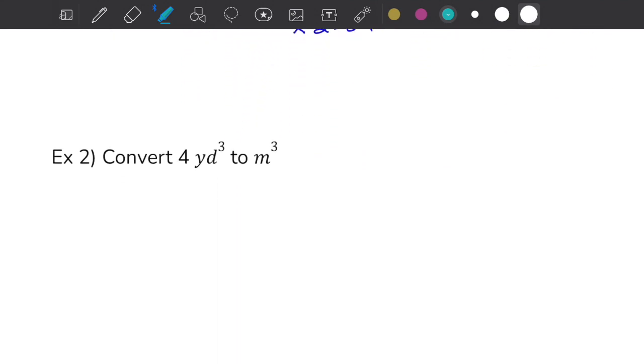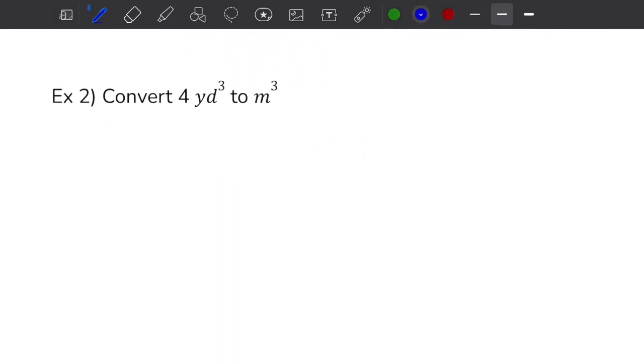All right, let's move on to the next example. The next example asks us to convert 4 cubic yards to cubic meters. So I'm going to write that down first with my blank, and I'm going to go to the formula sheet as well, and find a relationship between yards and meters. It's also going to be found in the third column of the table at the very top, and it says 1 yard is approximately 0.9144 meters.